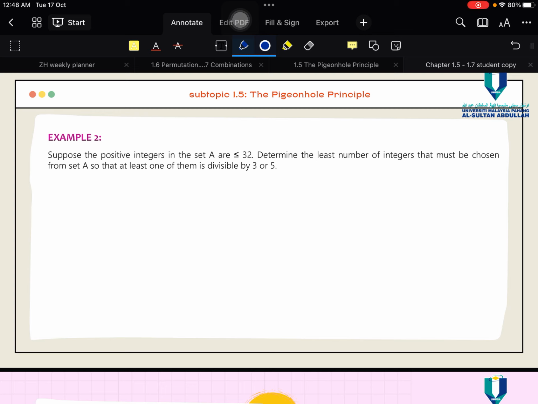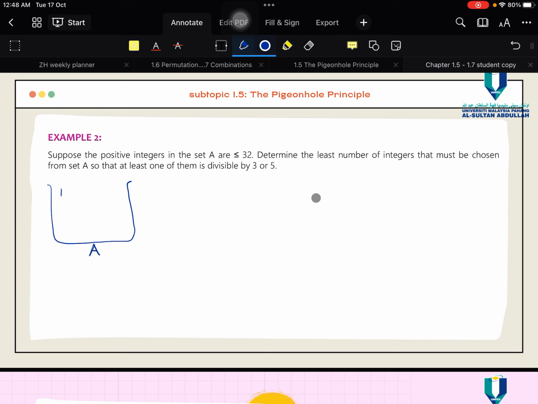Ini kan, soalan ni lebih kurang macam soalan bola tadi. Okay, so sekarang ni you bayangkan ada satu kotak. Dalam ni kotak A. Dalam ni ada semua positive integers less than or equal to 32.